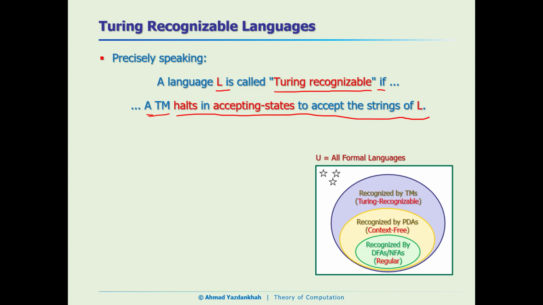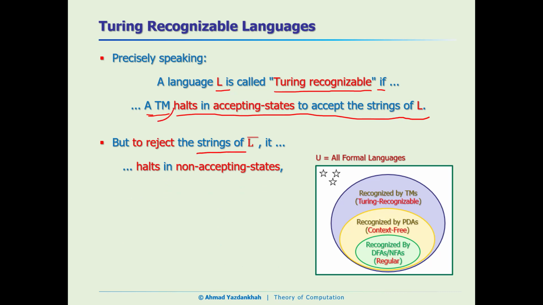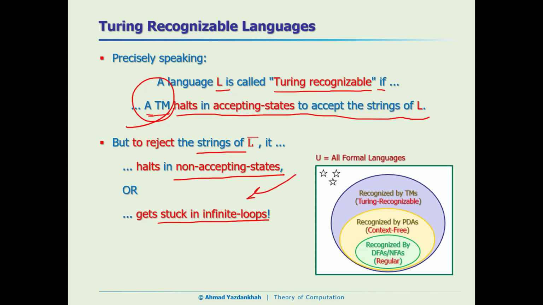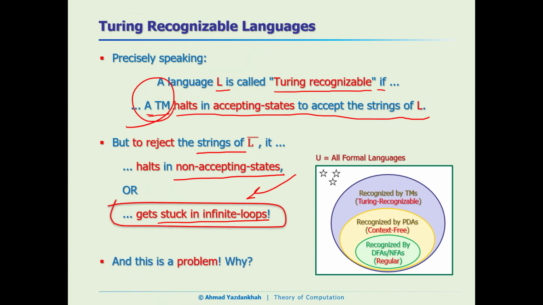All right. How about the rejection? For the rejection, if we put a string from the L bar on this Turing machine, it halts in a non-accepting state, or it gets stuck in an infinite loop. So you remember that if the machine is stuck in an infinite loop, we would say that this string was rejected, and this is the root cause of a problem. Why is that?